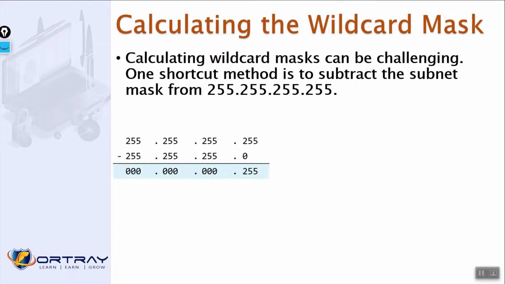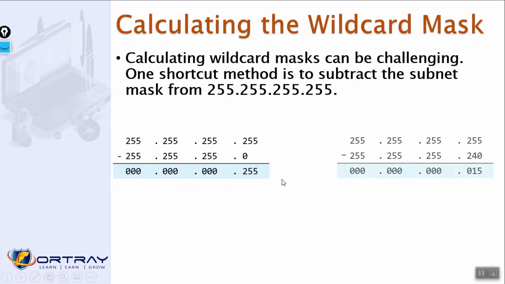There is a much easier way, just this simple. Calculating the wildcard mask can be challenging. One shortcut method is subtraction: take 255.255.255.255 and subtract your subnet mask. Whatever subnet mask you want to define, wherever there is 255 it becomes 0. If the subnet mask is 240, then the wildcard is 15.